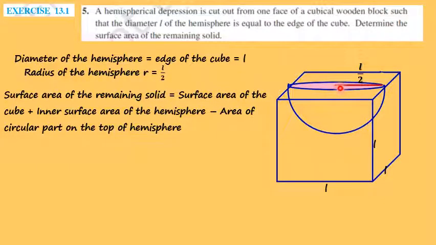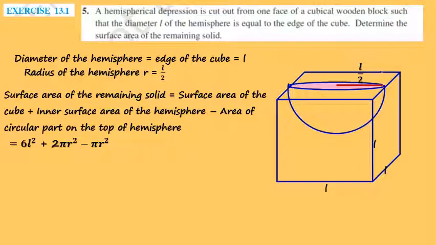Again, this top part we have to subtract, because it is a depression, a cut out. So that part's area we have to remove. So it will be 6L square plus 2 pi r square minus pi r square.